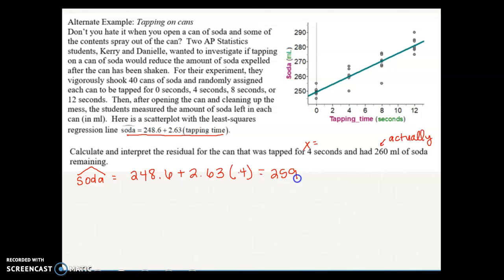That's 259.92. Our residual equal to the actual amount of soda minus what we predicted. So we actually had 260 milliliters, and we're going to subtract the predicted amount.